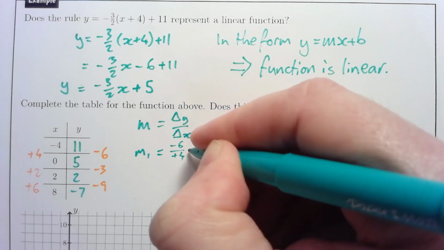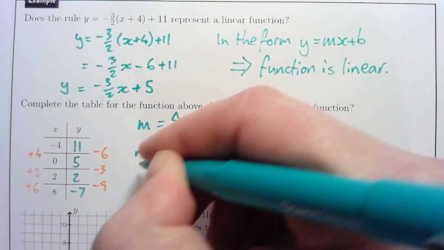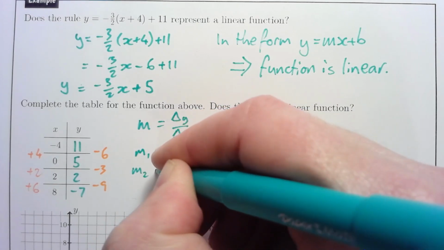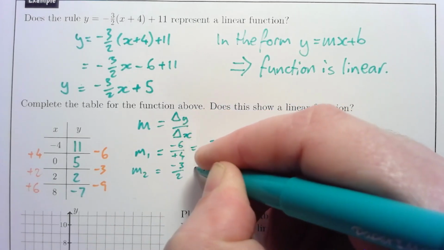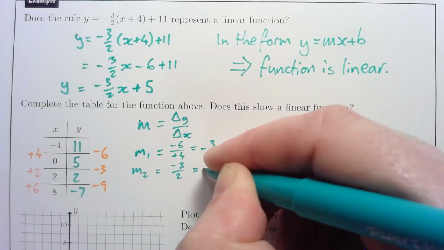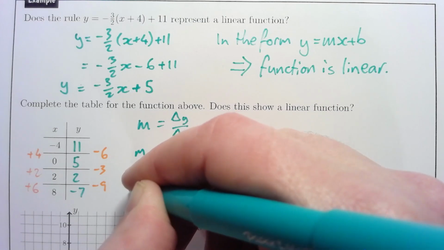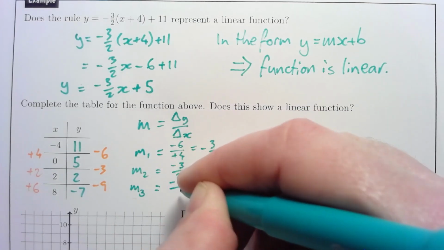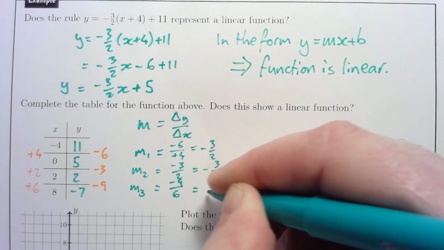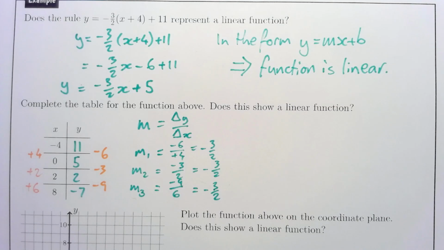Let's fix that up. That simplifies to negative 3 over 2. The second rate of change will be negative 3 over 2, which is, well, negative 3 over 2. And finally, the third rate of change will be negative 9 over 6, which simplifies to negative 3 over 2.